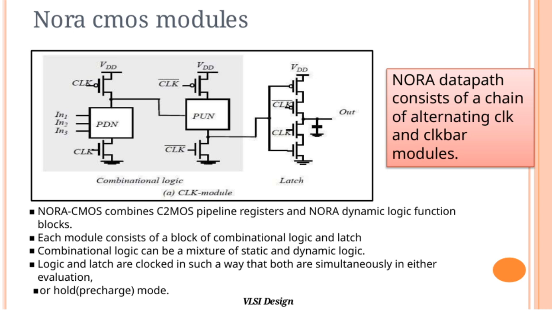Importantly, the logic and latch are clocked simultaneously, ensuring they are both either in evaluation or hold, which is also known as pre-charge mode. This synchronization is critical for maintaining performance and reliability. Additionally, the NORA data path is structured as a chain that alternates between CLK and CLK modules, creating a balanced and robust timing scheme essential for VLSI design.